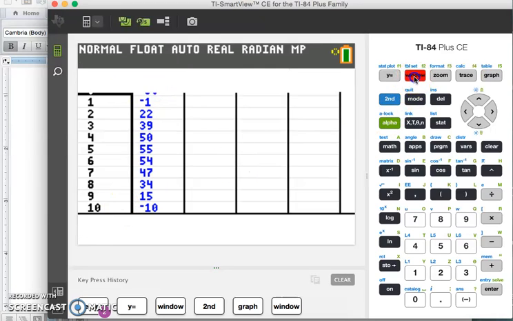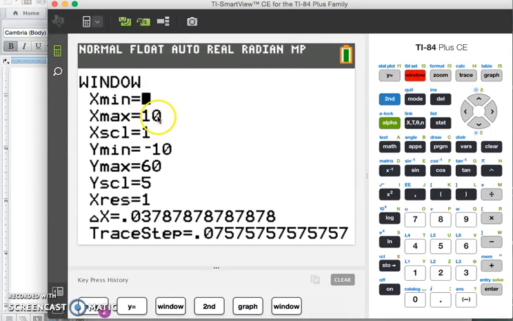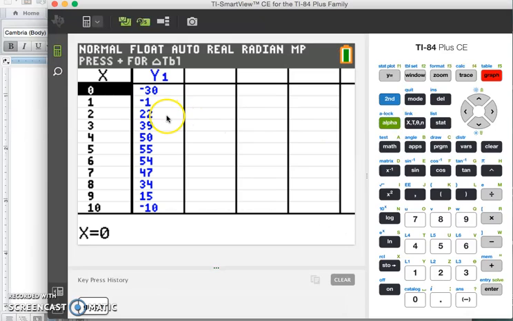So in my window, my x's go from 0 to 10 because I'll be able to see the entire positive part of the curve. And then my y's go from 0 all the way up to about 60 because the maximum is right in here somewhere in between 4 and 6.